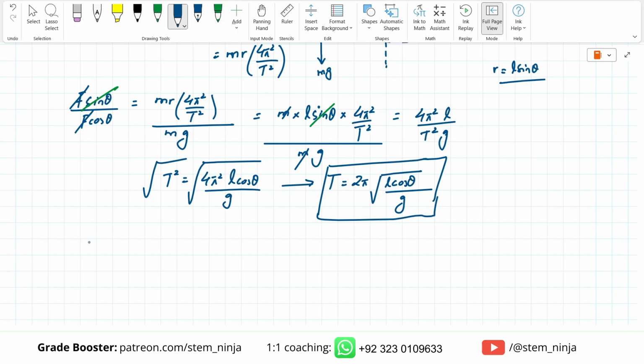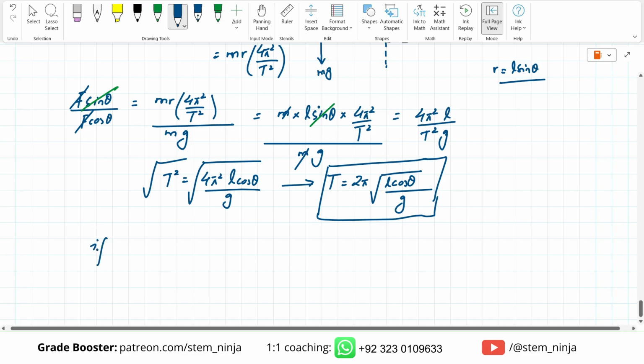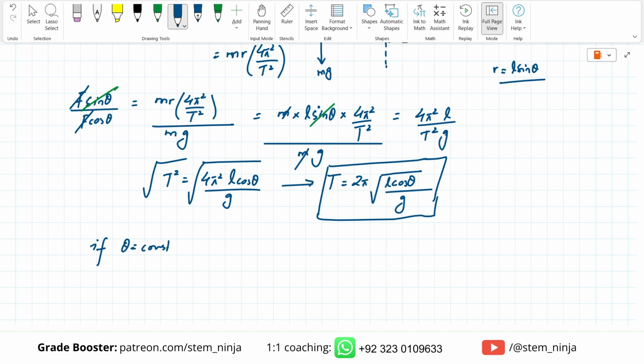So, if θ is kept constant, then T is directly proportional to the square root of L.